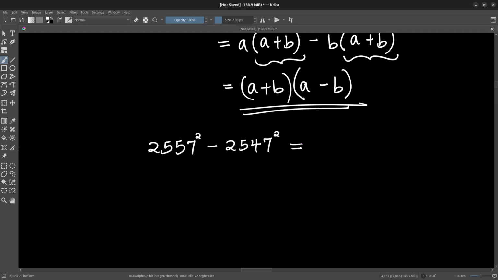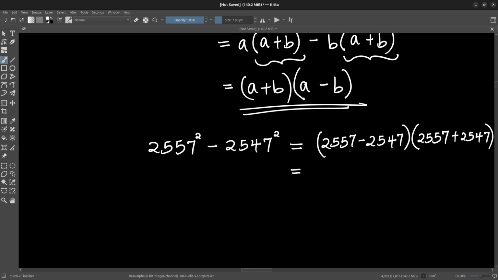This is the same now as saying, so it's like kind of an equivalent of a plus b times a minus b. So this will be the same as 2557 minus 2547 multiplied by 2557 plus 2547, and then we include the brackets.